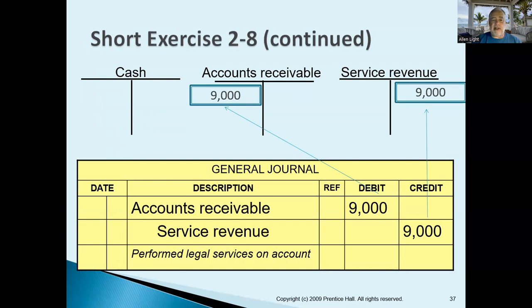This is saying add $9,000 to the debit side of accounts receivable. That's what I did. This one's saying add 9,000 to the credit side of service revenue. I don't have to figure anything out or think it through. Just do what it says. So I do that and the 9,000 goes there. Now, 9,000, 9,000, everything balances.